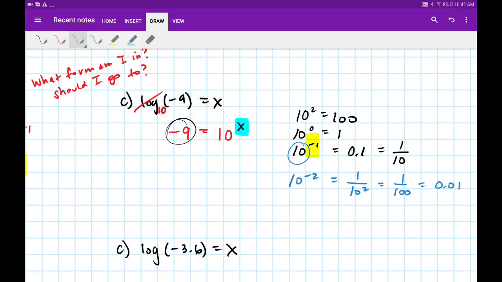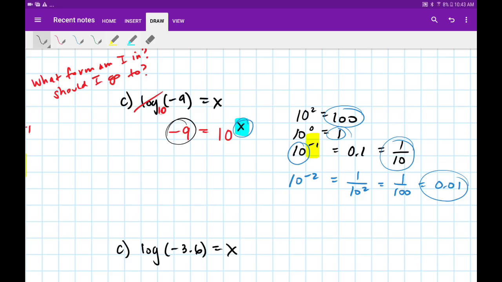Notice we're never able to reach a negative number. We have a positive number no matter which exponent we're using. There is no exponent that will take 10 and turn it into a negative number.